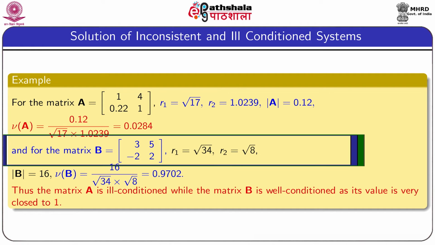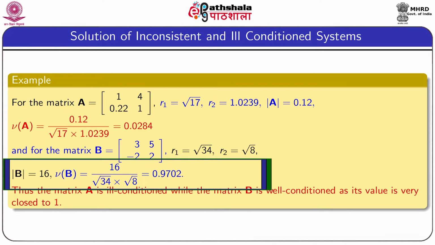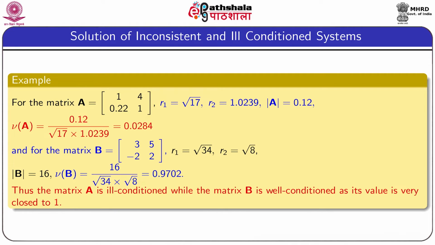For the matrix B, R1 is equal to root 34, R2 is equal to root 8, and the determinant of B is 16. Therefore, nu of the matrix B is equal to 0.9702. Thus, the matrix A is ill-conditioned because nu A is very small, close to 0, while the matrix B is well-conditioned as its value is close to 1.